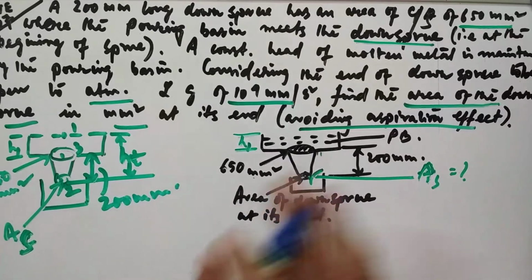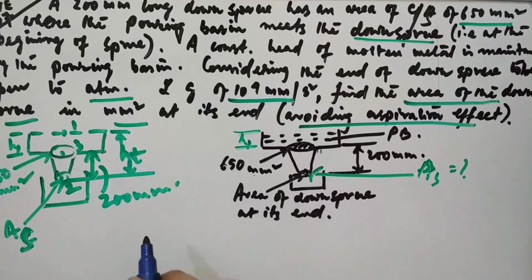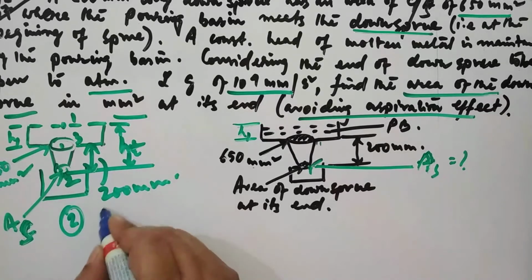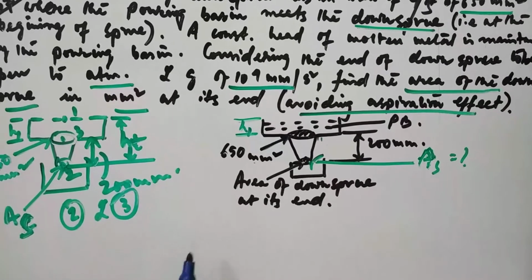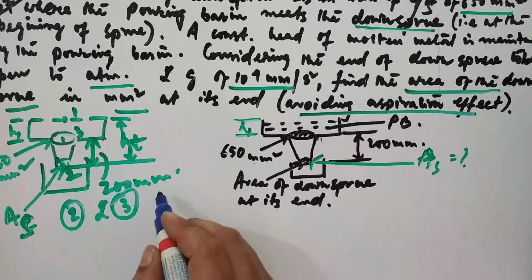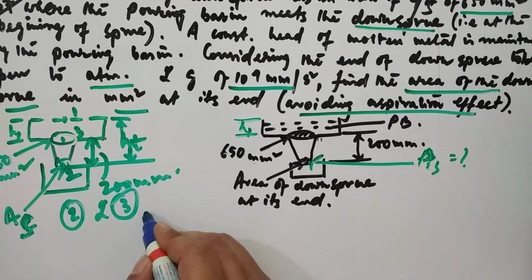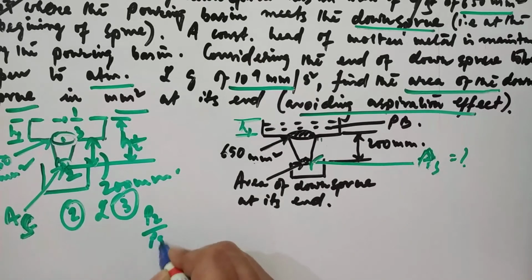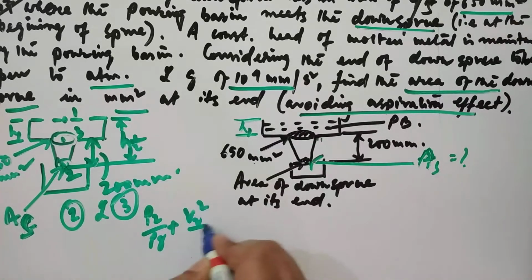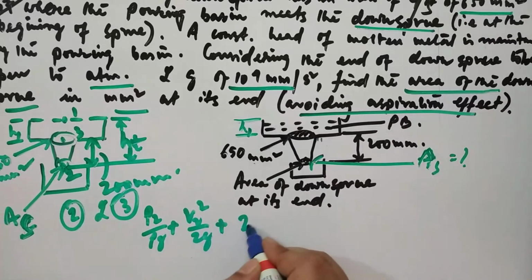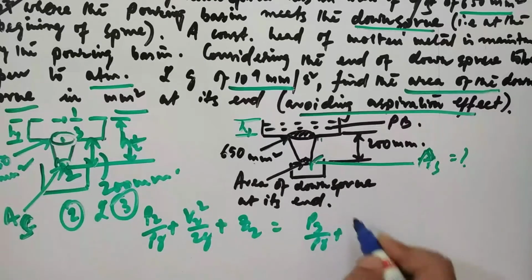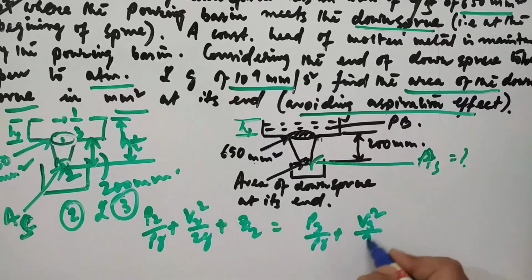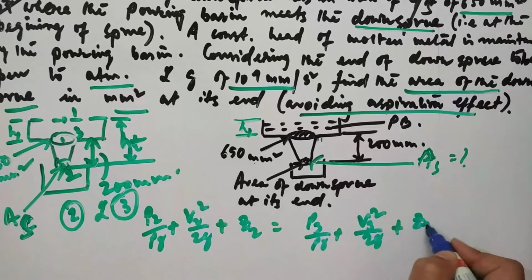So let us apply the Bernoulli's equation again at points 2 and 3, this point and this point. So we will have P2 by rho g plus V2 square by 2g plus Z2 equal to P3 by rho g plus V3 square by 2g plus Z3.